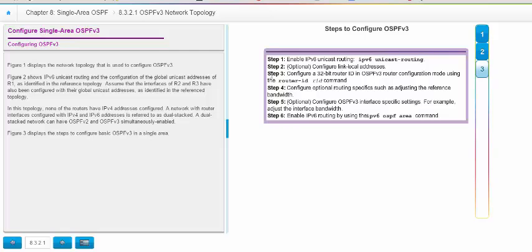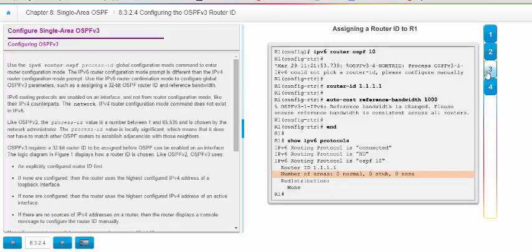You're going to configure the OSPF version 3 interface specific settings, such as adjusting the interface bandwidth there as well. And then we're going to enable IPv6 routing by using the ipv6 ospf area command. Okay, so those are the 6 steps that you're going to need to go through when you're setting up your OSPF version 3. Now, after you have your interfaces completely set up, we're ready to go ahead and configure OSPF.